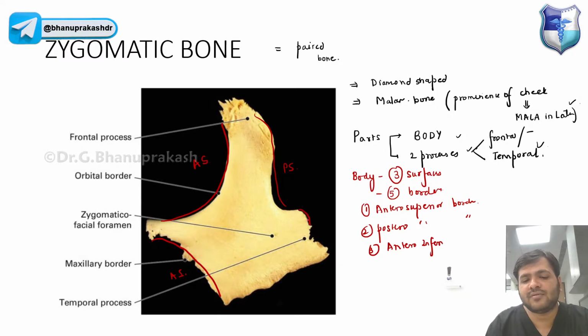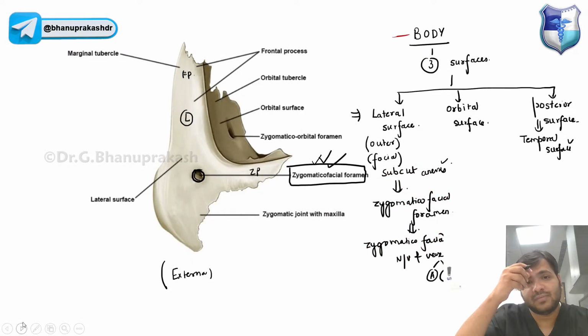Then we have the posterior-inferior border. And one border, beta, behind you will see, is called the posterior-medial border.